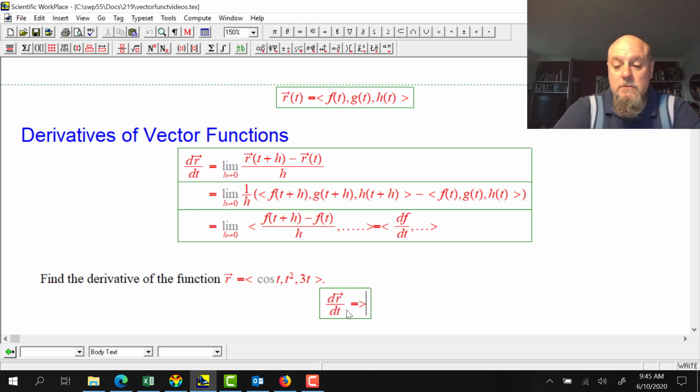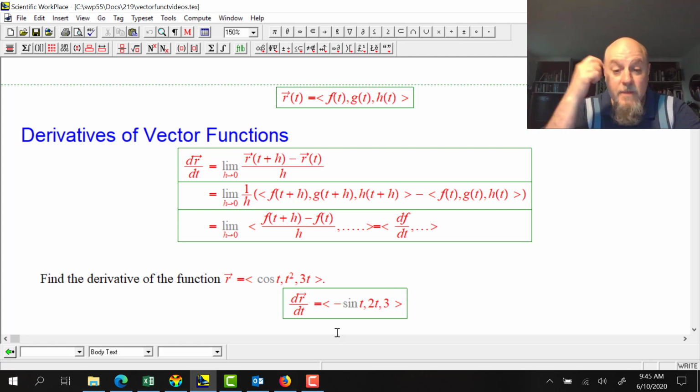So I'm taking the derivative of the first function. The derivative of cosine is minus sine. I'm taking the derivative of the second function. I'm taking the derivative of the third function. There's the derivative. It's a vector function. The derivative of a vector function is a vector function.